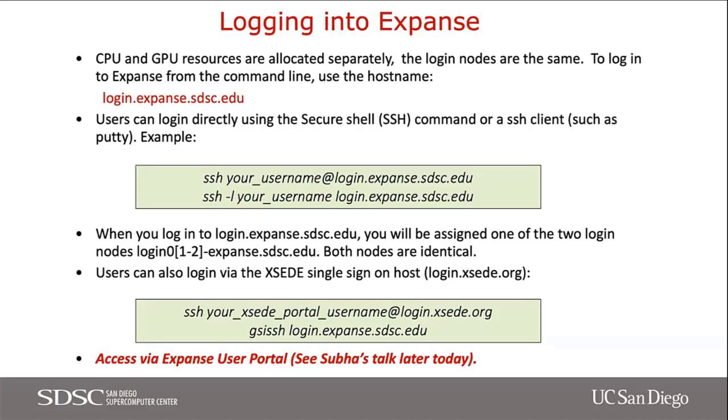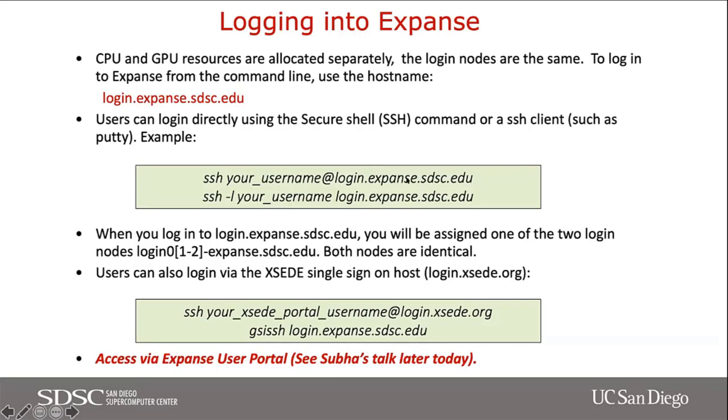If your project is the same, yes, it'll be the same. But there is a tool, and I think Nicole's going to talk about it, which lets you get information on what your allocations are. The reason this came up is that the username is also going to be the same as what you had on Comet.